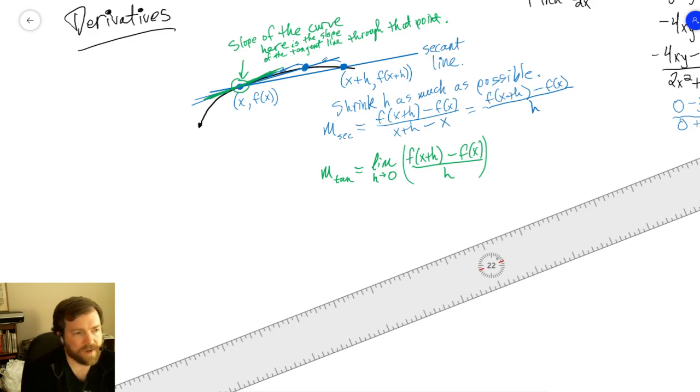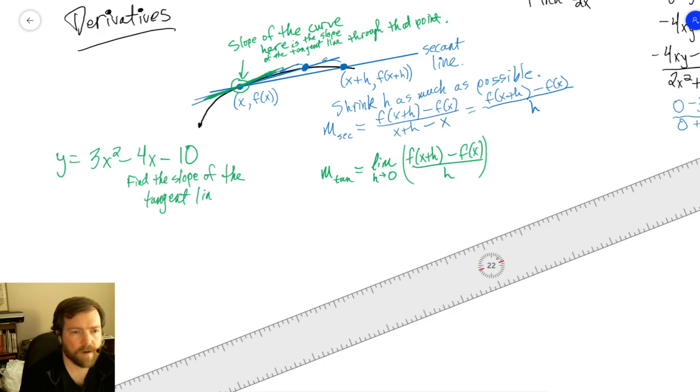So one of the ones that's always a favorite is 3x squared minus 4x minus 10, and we want to find the slope of the tangent line at, let's see, that's going to be in the positive direction, x equals 3.